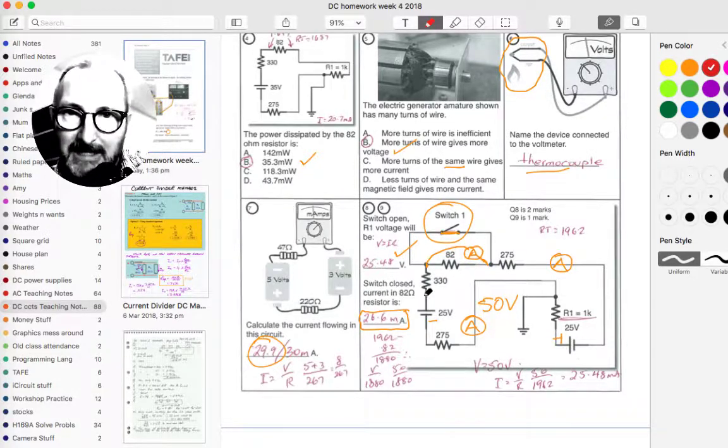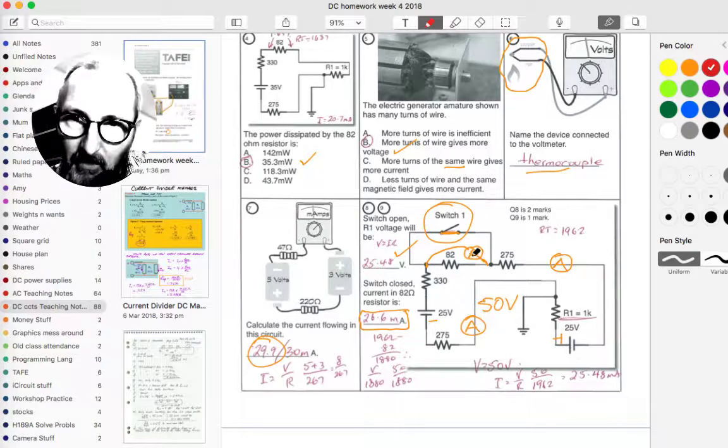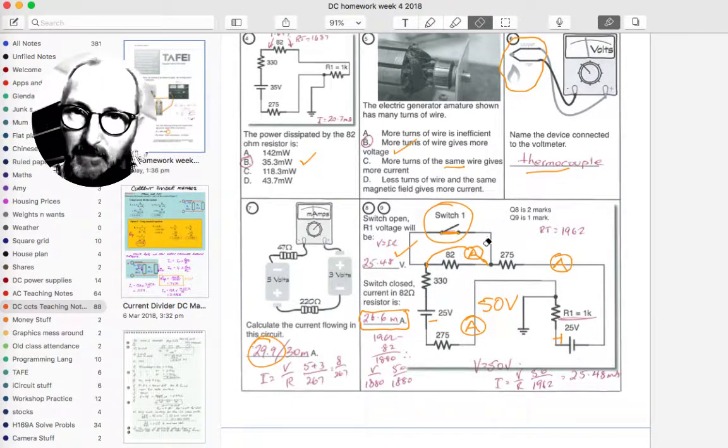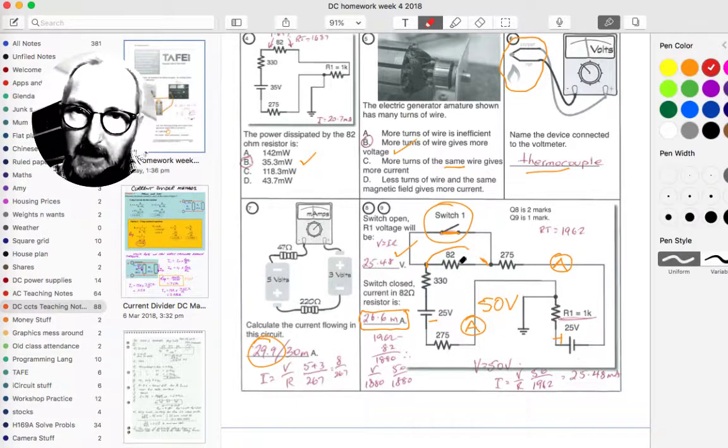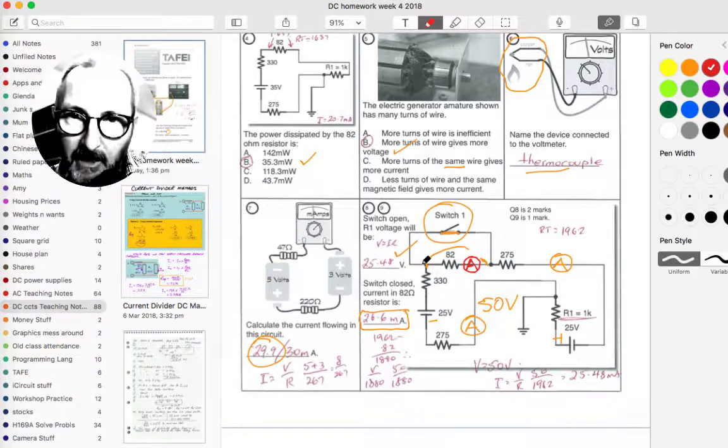But if we really examine that question correctly, the switch is closed, the current in the 82 ohm resistor, well, I need to just rub this out and draw a current meter here. How much current will there be in the 82 ohm resistor with a piece of wire going around the whole thing like that? The answer is zip, zero.